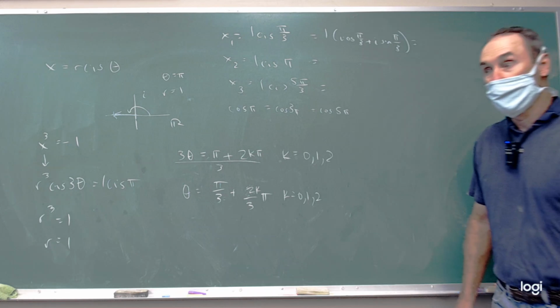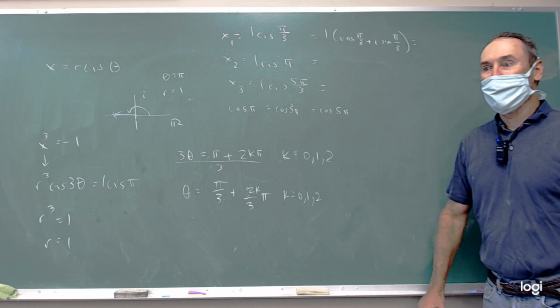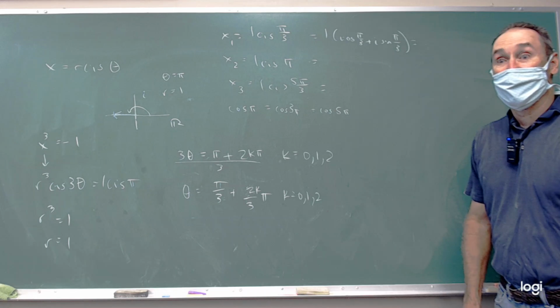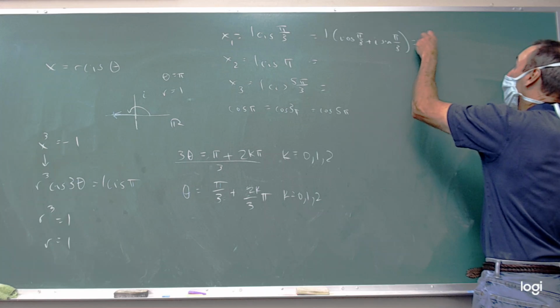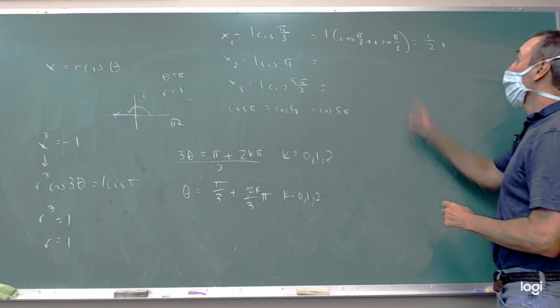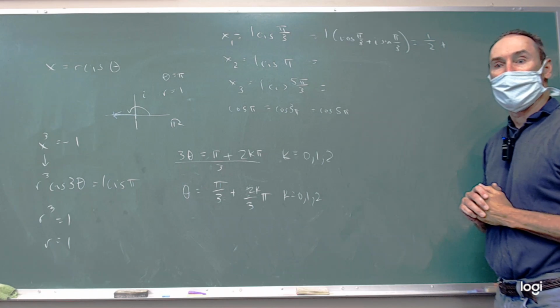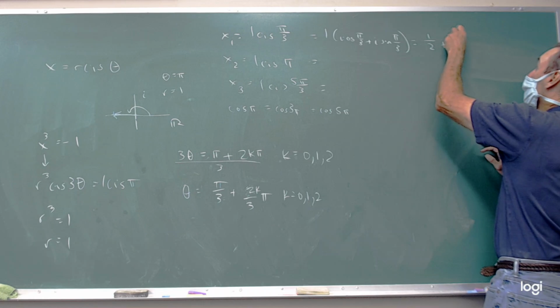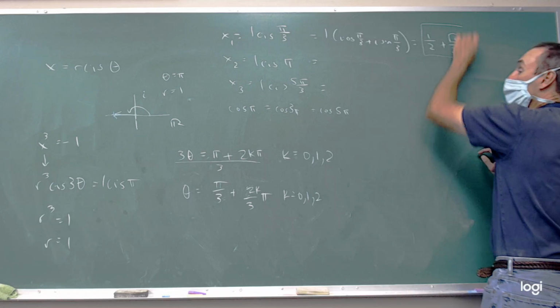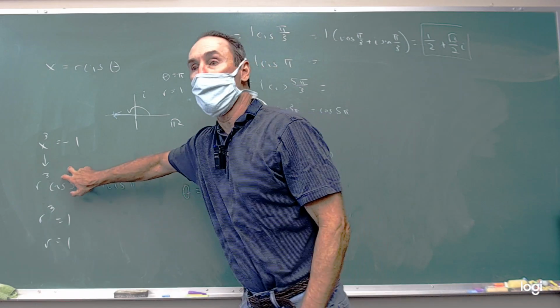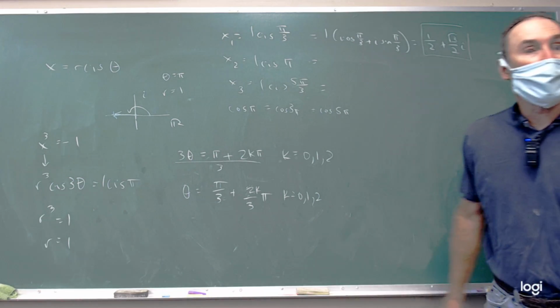Okay, very good. So cosine of pi over 3 is 1/2, plus sine of pi over 3 is square root of 3 over 2i. There's one of our cube roots of -1. Oh, I bet you wouldn't have guessed that one, huh?